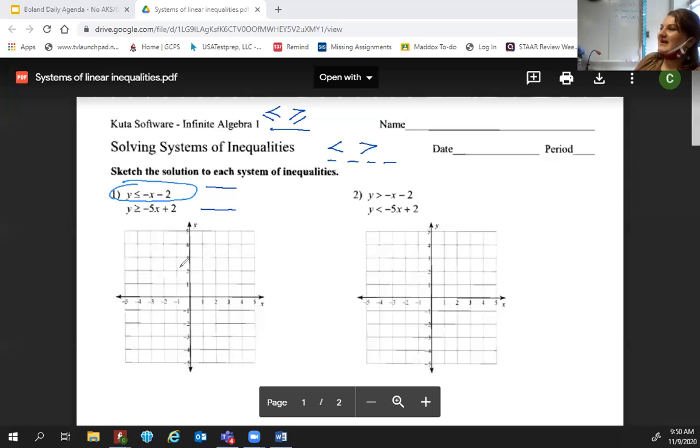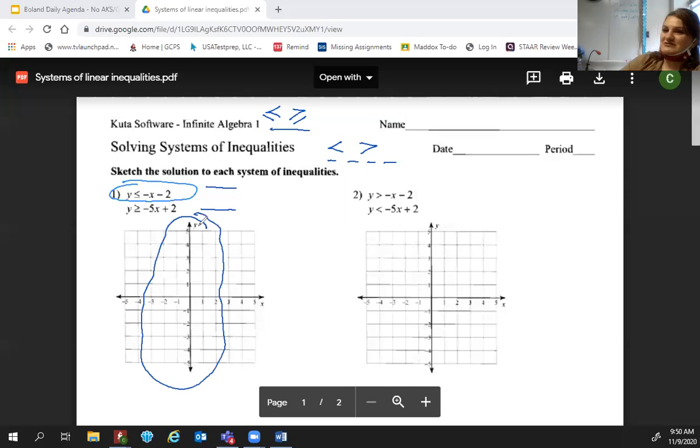Do we remember how to graph linear equations? Yes, if we need a refresher, I am here to help you. So, we always start at the y-intercept. If you forget what the y-intercept is, I will circle it for you.